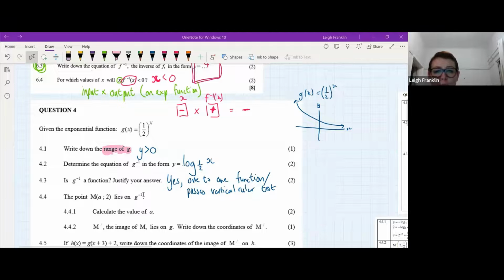Okay, so now you have to say to yourselves, we're talking about the inverse of this particular function. What is it going to look like? Shall I just draw a quick picture of it here for myself so that I know what I'm dealing with?